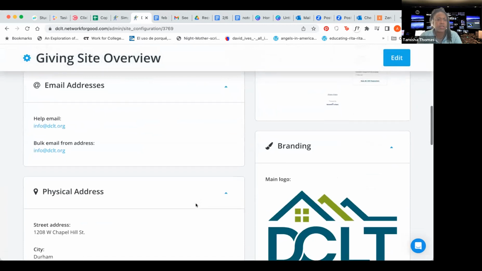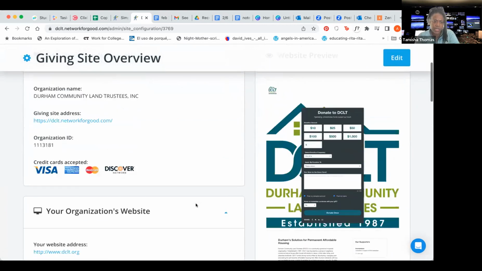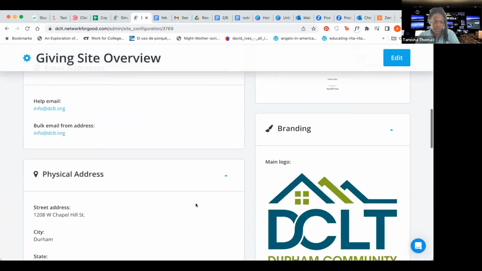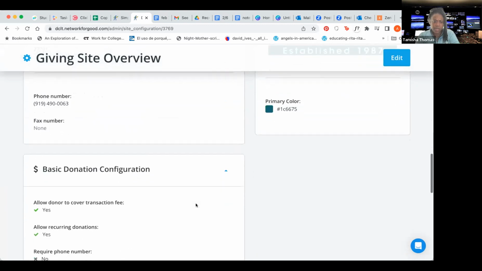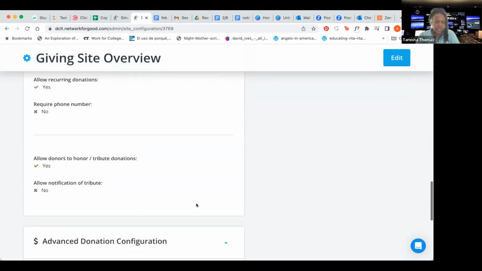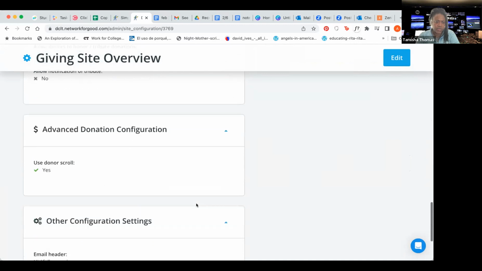Link your, hold on, go back up. Link your page, link your logo to your website. Okay, keep going down. Email address, branding, main logo, primary color, basic configuration, advanced digital scroll, yes.